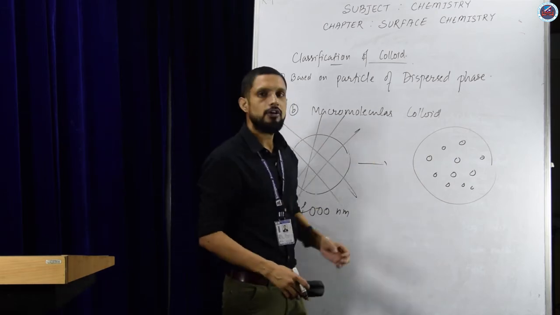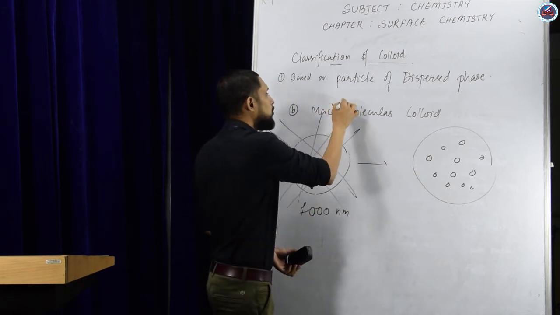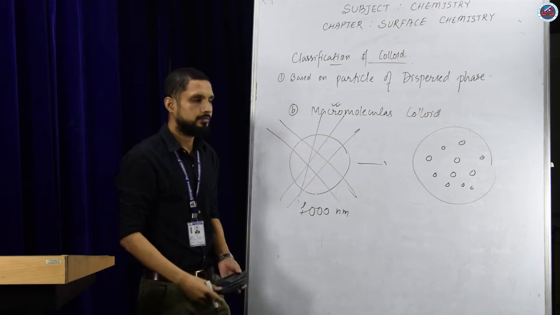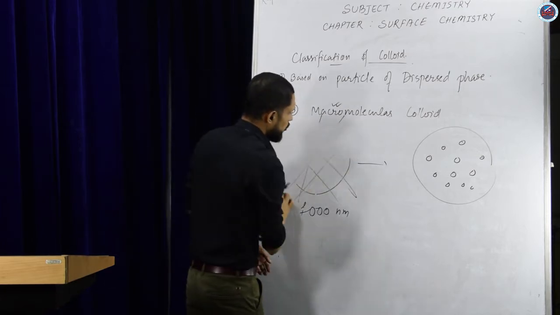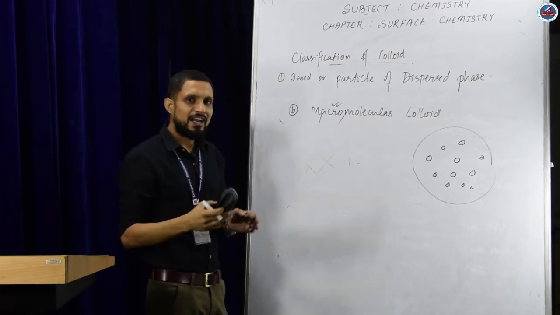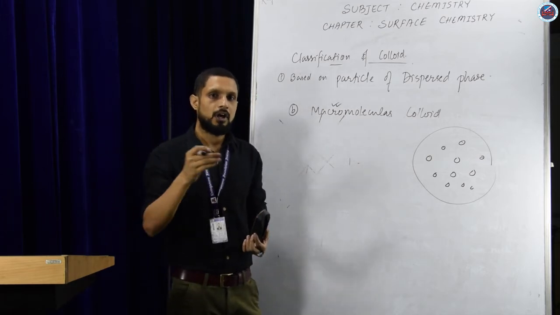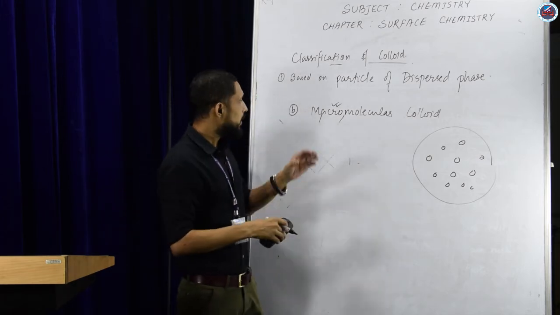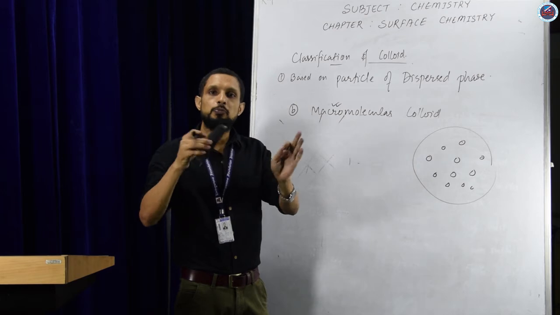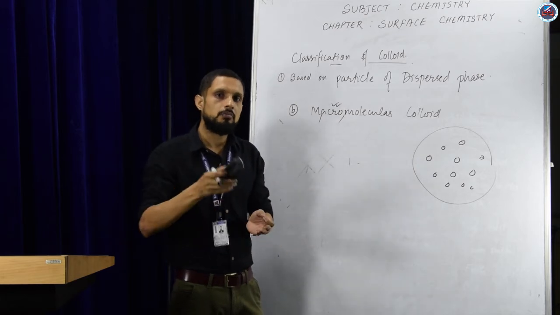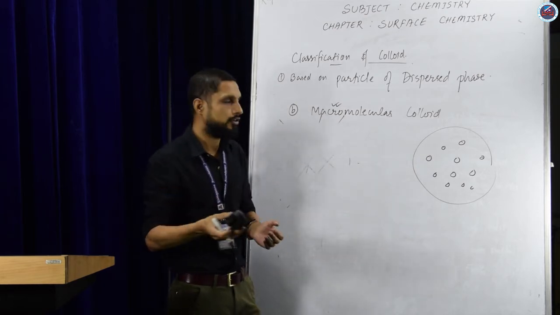Such a colloid is known as macromolecular colloid. So in multimolecular, the size is less than 1 nanometer, but on formation of aggregate comes in the colloidal range. But in case of macromolecular, the size is more than 1000 nanometer, and on breaking comes in the colloidal range.